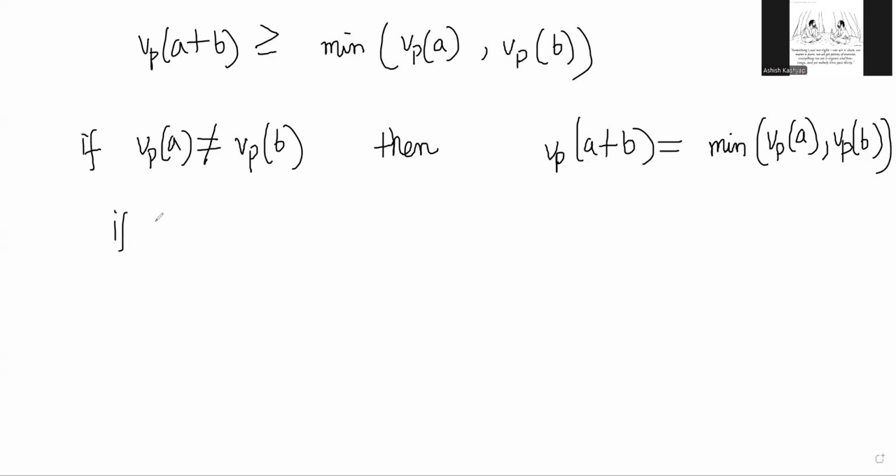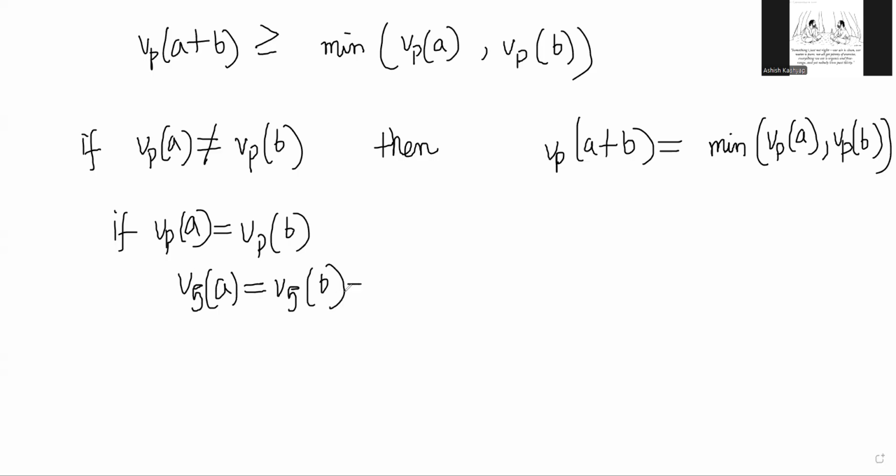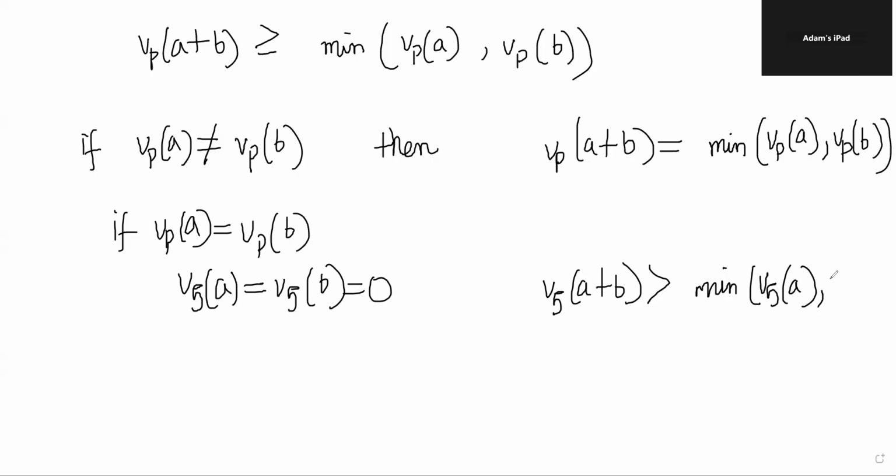But if V_p(A) is equal to V_p(B), for example, V_5(A) was equal to V_5(B) was equal to 0, then V_5(A+B) was greater than the minimum, right? Do you understand what I'm saying right now?